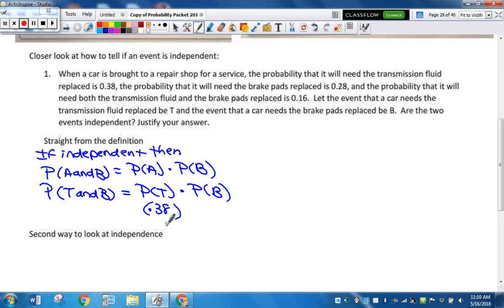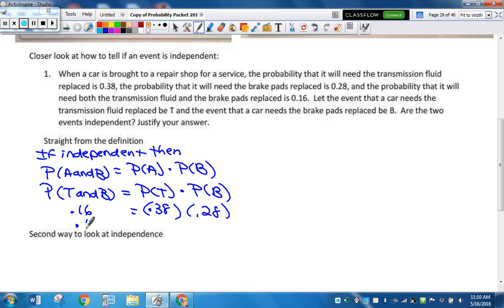And the probability that you're going to need brake pads, given to you, 0.28. They also give you what? They give you the probability that you will need both transmission fluid and brakes replaced, correct? And that's 0.16. So can't we just check and see whether these are independent or not based off the definition? Does that make sense? Plug it in.